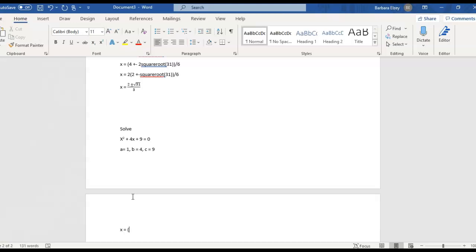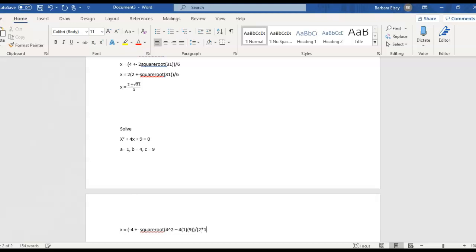On the top, we'll have negative B, so in this case, -4, plus and minus the square root, and then B squared will be 4 squared minus 4 times A times C, so 1 times 9, all over 2 times A, so 2 times 1.